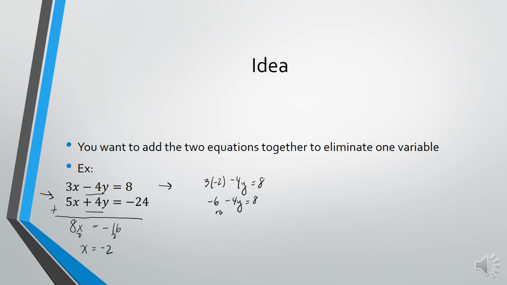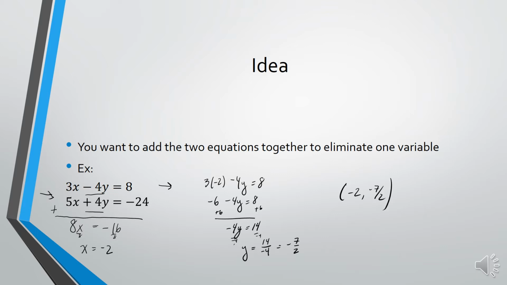I'll go ahead and add 6 to both sides and get negative 4y equals 14. Divide both sides by negative 4. So then y is 14 over negative 4, which reduces down to negative 7/2. So then our solution is going to be negative 2, negative 7/2.